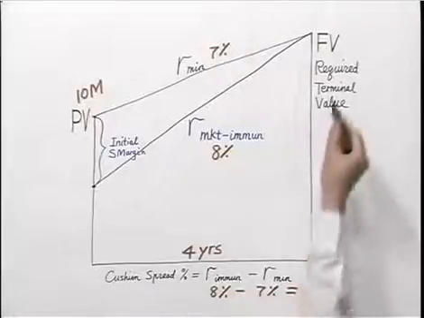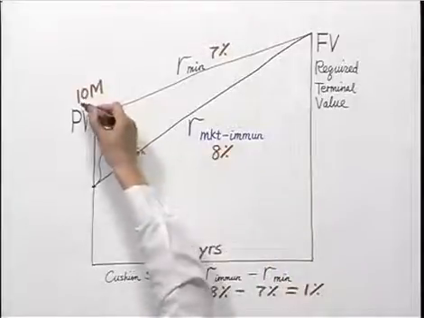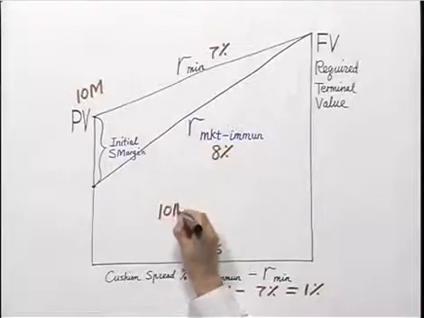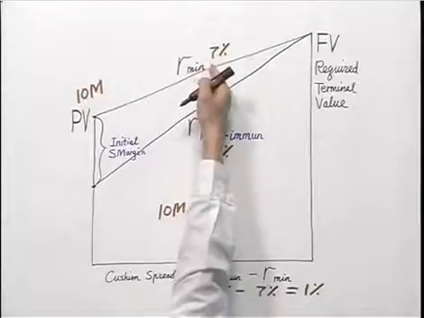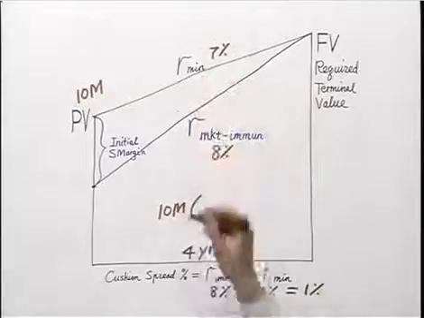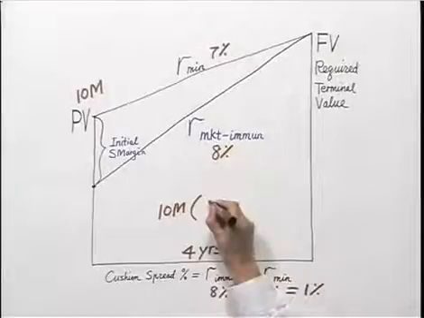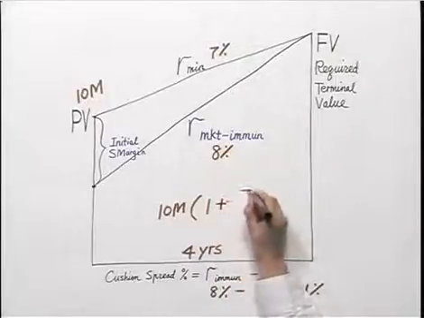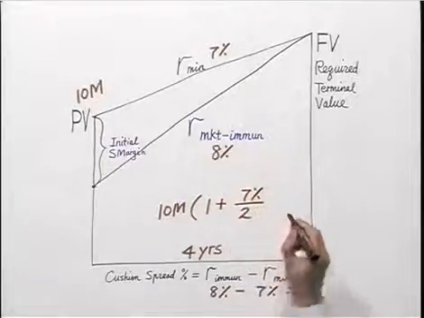Then we need to calculate the required terminal value, and that's pretty easy. We know the present value is $10 million. We multiply that by the minimum required return that we must have. Remember here, the semi-annual convention kicks in, so we have to use semi-annual compounding. We have 7% divided by 2, that's our half-a-year rate.